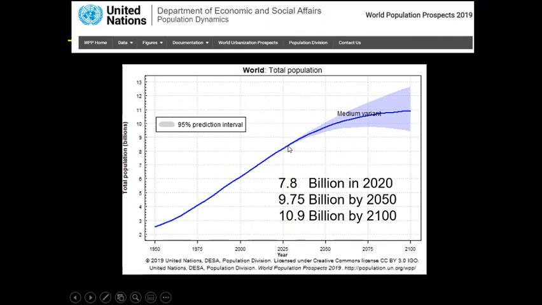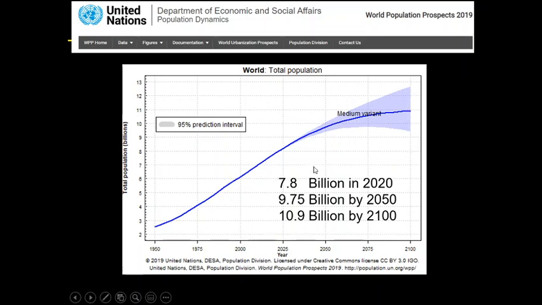And of course, with any model that's done well, you get a high range and a low range, and the most common result of the model, which is the dark blue line. But that range varies from all the way up here at roughly 12.5 billion to roughly 9.5 billion by the year 2100.